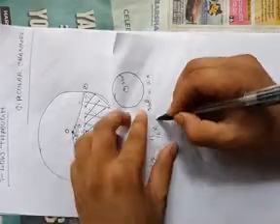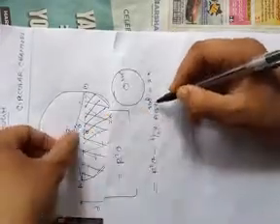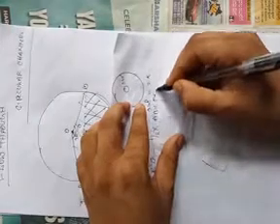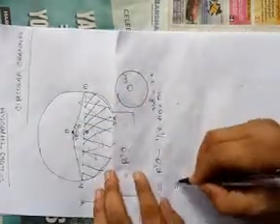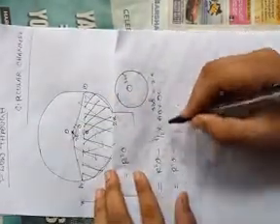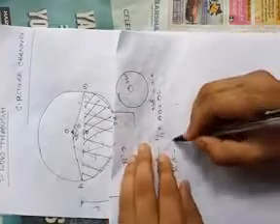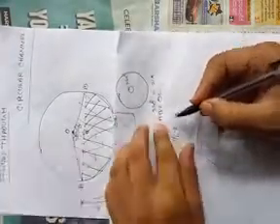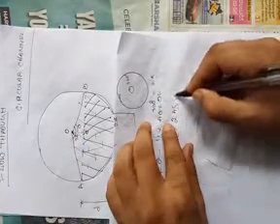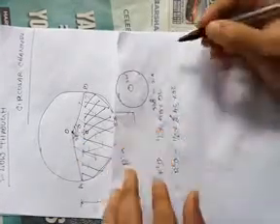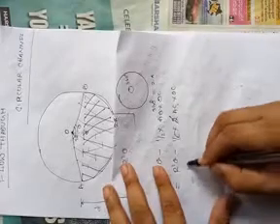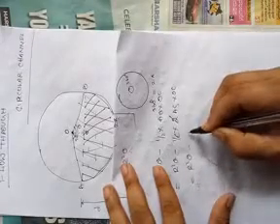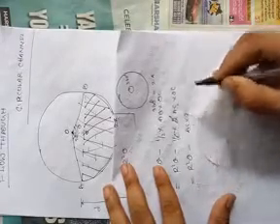Base is AB into CO or OC. So next you can write r square theta minus half into AB into OC. Half of AB is AC, so it becomes 2 into AC into OC, the 2 cancels out, and the final equation becomes r square theta minus AC into OC.